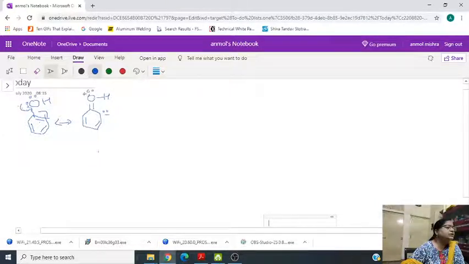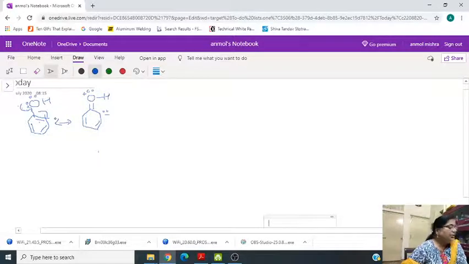Now you can see in this resonating structure that this O and C acquire double bond character, so that is why it is difficult to break. Very important question, it is asked in boards why haloarenes cannot be prepared from phenol.